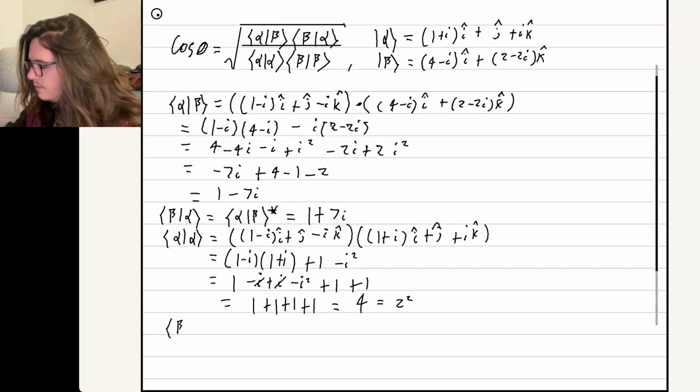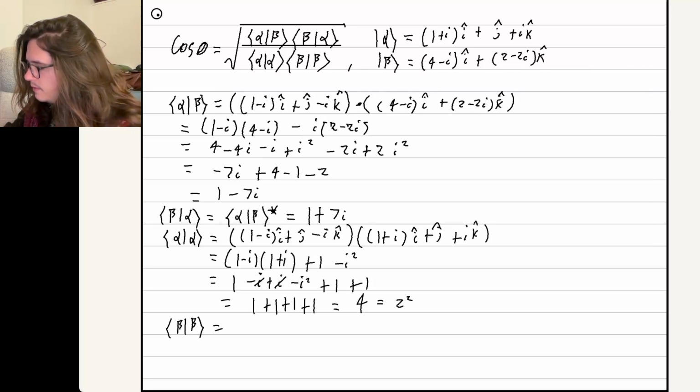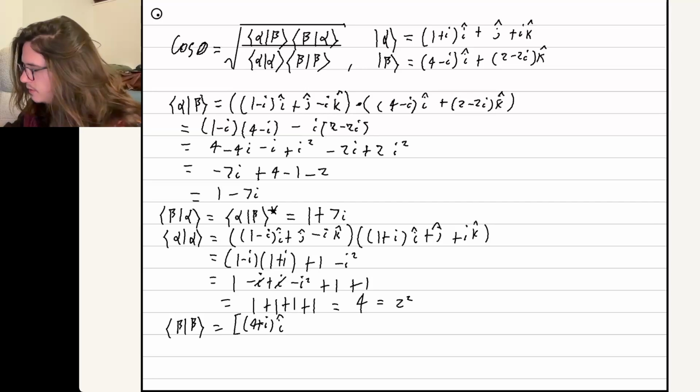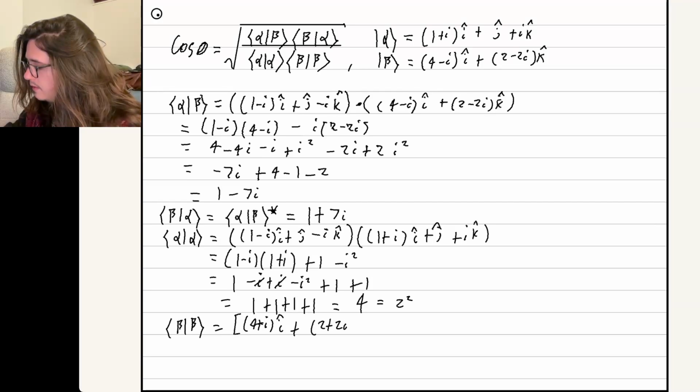And so beta with beta, though, is going to be (4 plus i) hat, because it's the complex conjugate, plus (2 plus 2i) k hat.